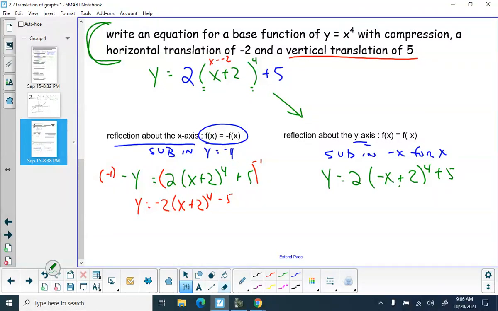So we have negative x plus 2, or we can turn that around to go 2 minus x, to the fourth power. But once again, we do this substitution after we do our translations. So do all your translations first, and then worry about if you have any reflections about the x and y axis.